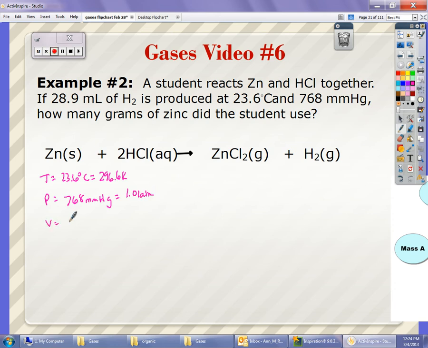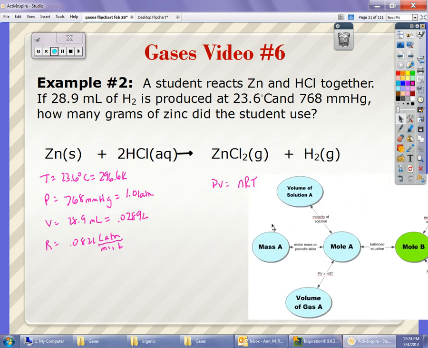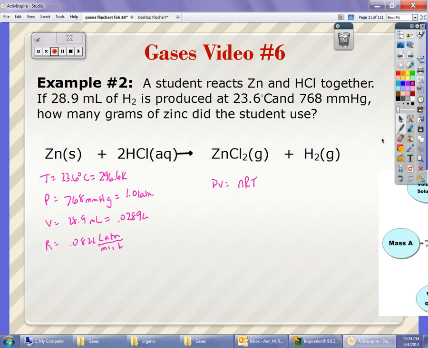The volume is 28.9 milliliters, or divided by 1,000, 0.0289 liters. And the gas constant is 0.0821 liters atm per mole Kelvin. PV equals nRT. I'm going to solve for moles, because remember on my chart, I'm going from volume to moles. So PV over RT equals n.